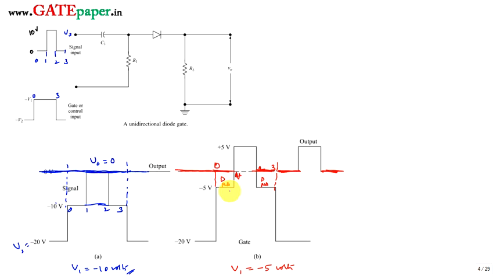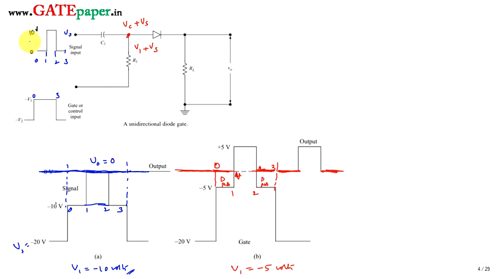And next, during 1 to 2, the signal of 10 volts magnitude is applied, but V1 is already at minus 5 volts. Minus 5 plus 10 gives effectively plus 5 volts at this point. The effective voltage is always V1 plus Vs during the transmission period.